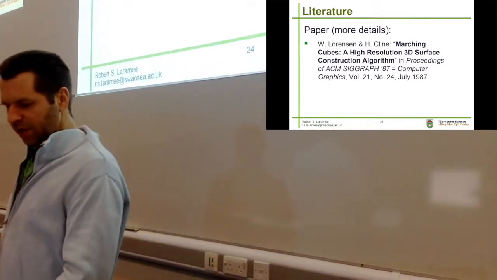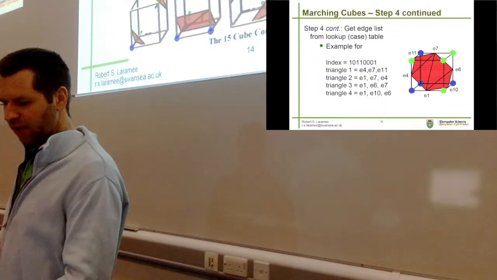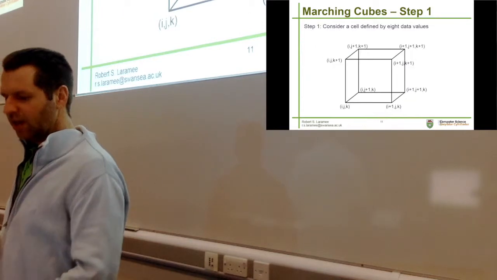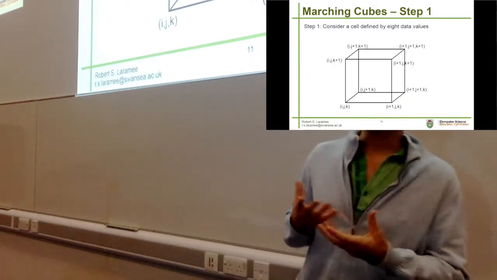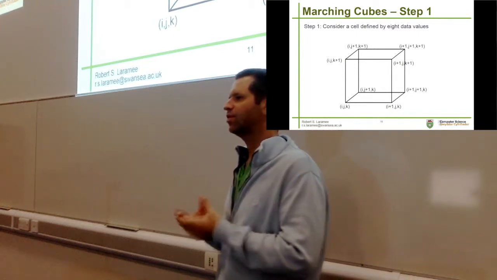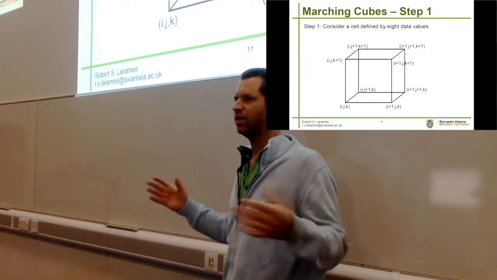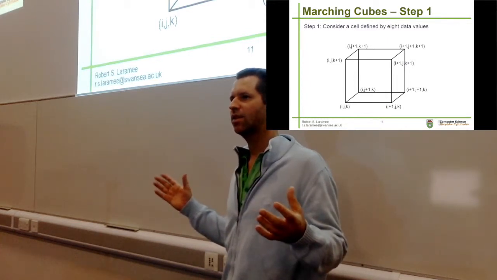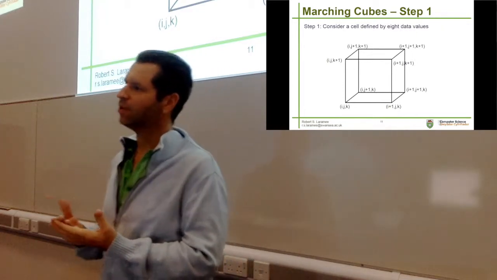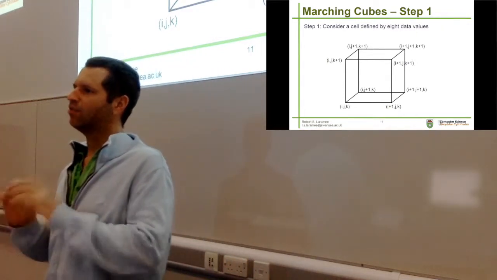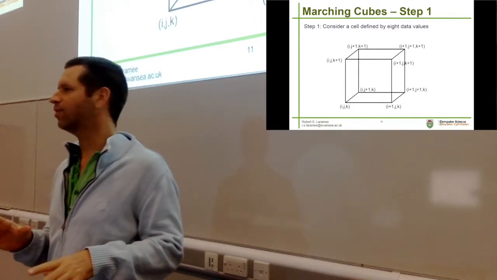Now, one of the advantages of the marching cubes algorithm is that we don't need to load all of the data into memory at once to generate an isosurface. So imagine you have a data set that is terabytes in size. You cannot just load a terabyte of data into memory and then compute a surface and then release the memory. It's just not possible.